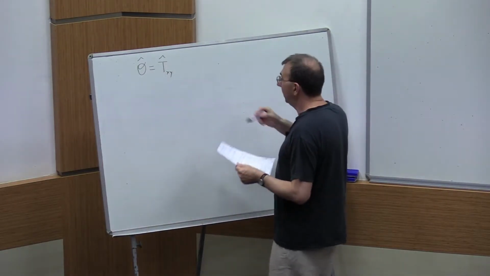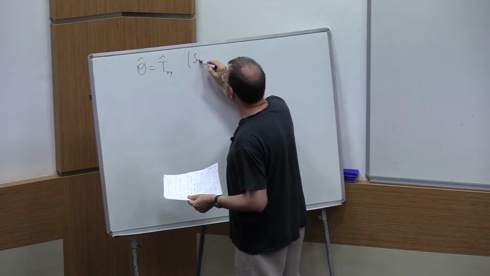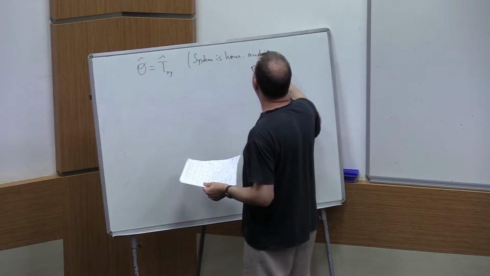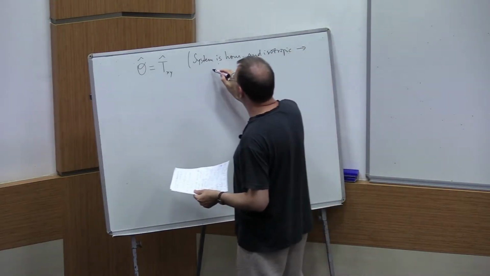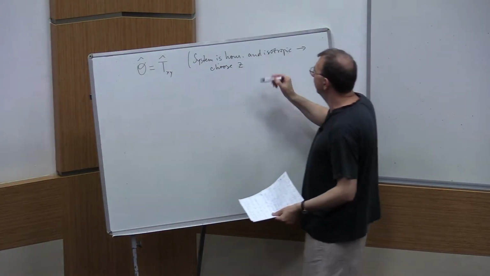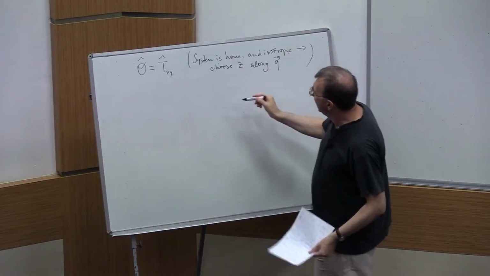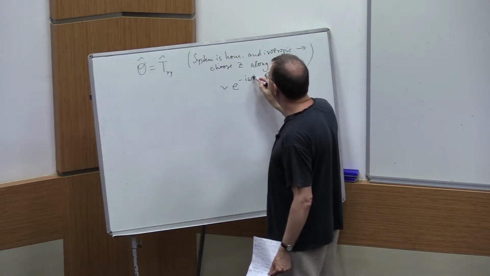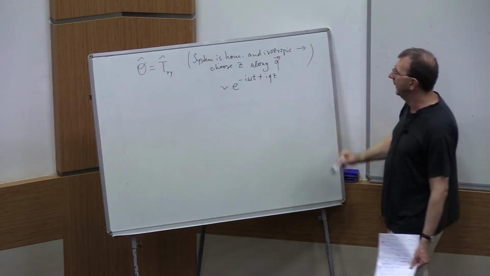T_{xy}. I choose xy because my system is homogeneous and isotropic. This is for simplicity. And then I can choose the z coordinate along the momentum q, right? So this is my choice. And this means that in Fourier space, I have everything proportional to e^{-iωt + iqz}, where q is the third component of my q.